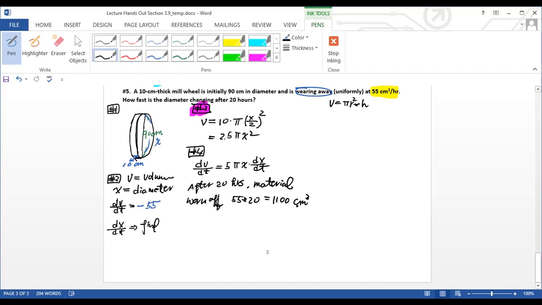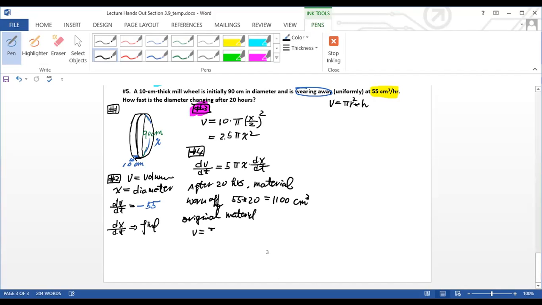So that means the original material, before it starts, V is what? It's pi r squared times the height, right?